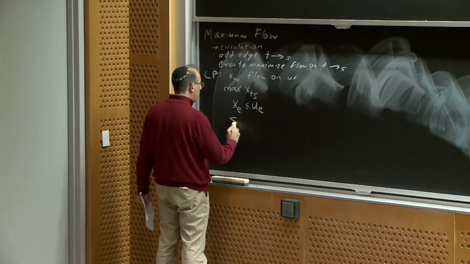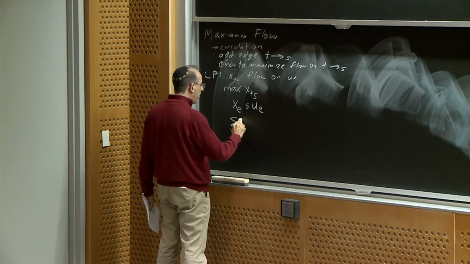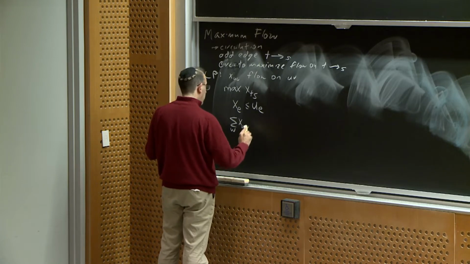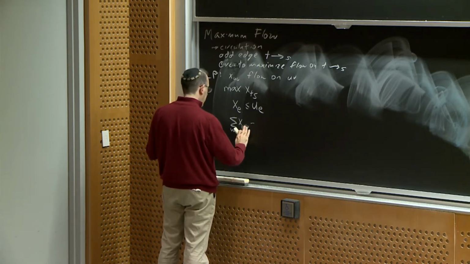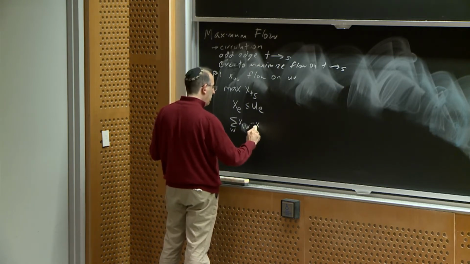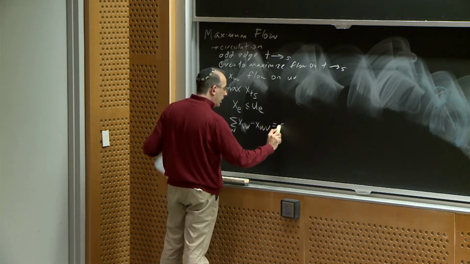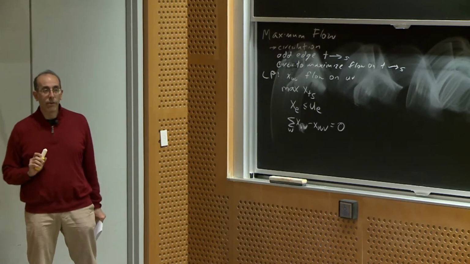So for every V, exactly as you say, we're going to add up all the flow into V, and we're going to subtract off all the flow out. Again, just for consistency with my notes, the sum of X_VW minus the sum of X_WV has to be equal to 0, right? Balance constraint.